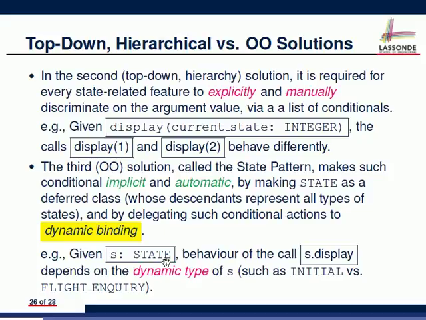Now, when you call s.display, notice that we say s.display without any more parameters. You can see the S, with the context object over here, tells you exactly what you should do because of dynamic binding.